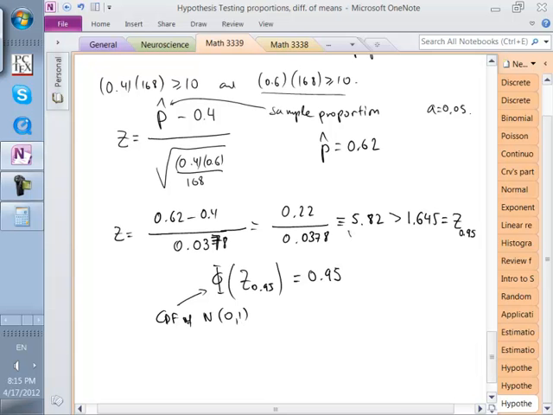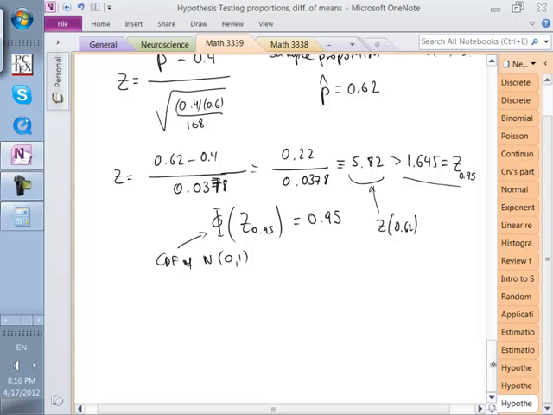So clearly the value of my Z statistic, computed with p hat, which is actually 0.62 in this particular case, is greater than the critical value, and that implies that we reject the null hypothesis.